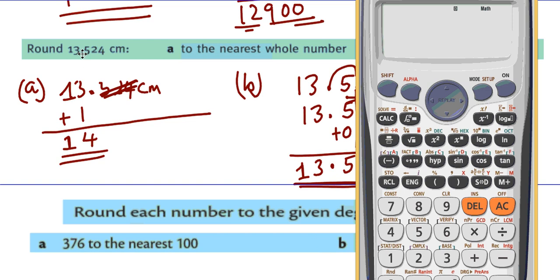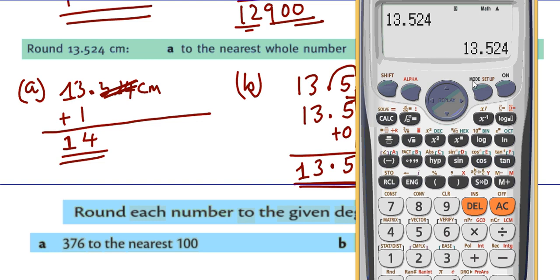Okay, you write 13.524. So you write the number 13.524, then equals, and you get the number itself, 13.524. Now, we want to round this number using a calculator to the nearest whole number.